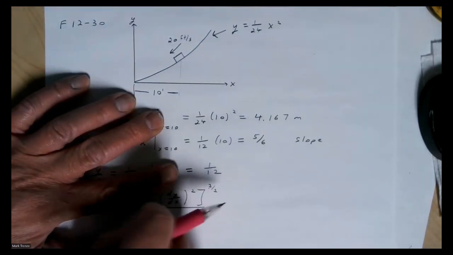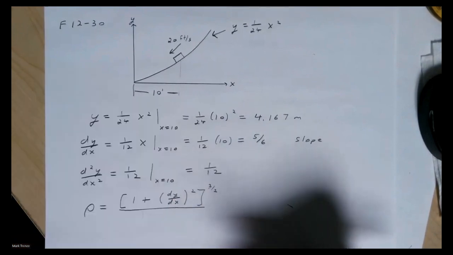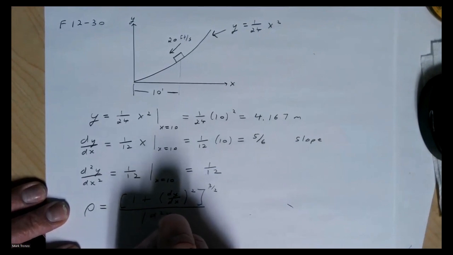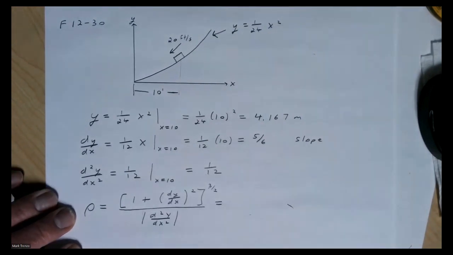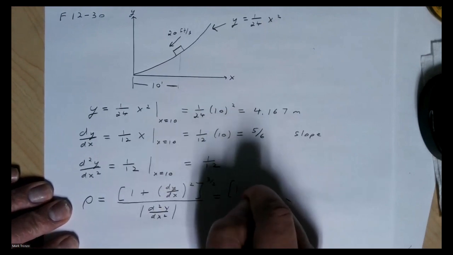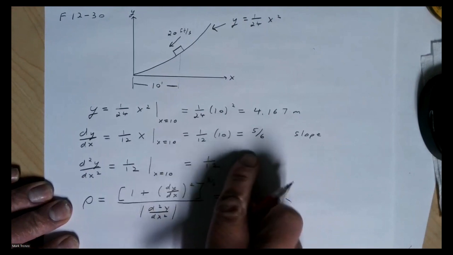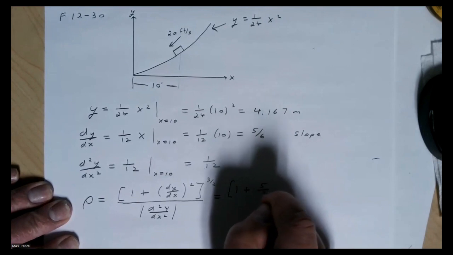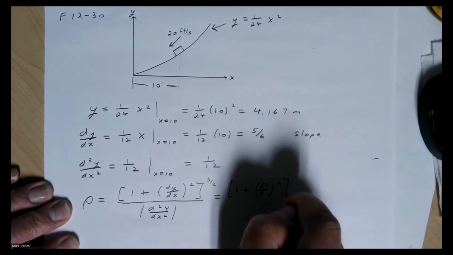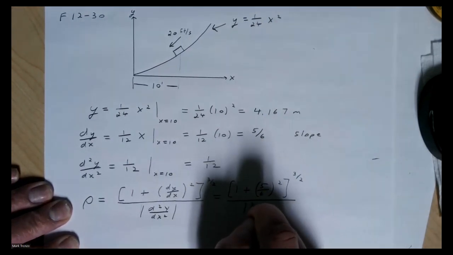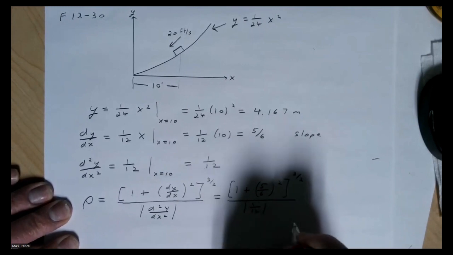Excuse me, let me get a little ahead of the game. I always like to write the equation down while we're still learning it. And so then just substitute our values. For dy/dx, we had 5.6. For the second derivative, 1/12.